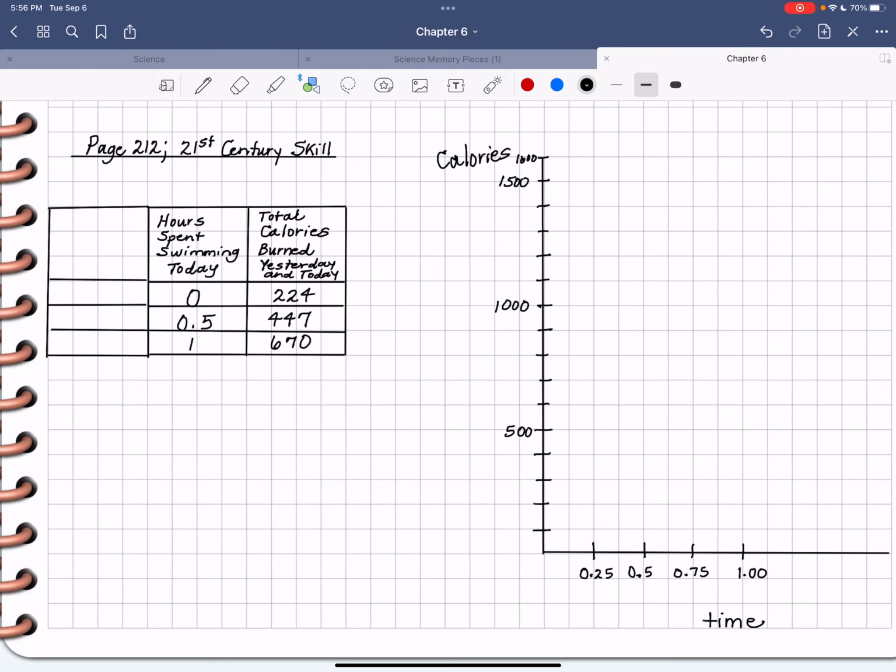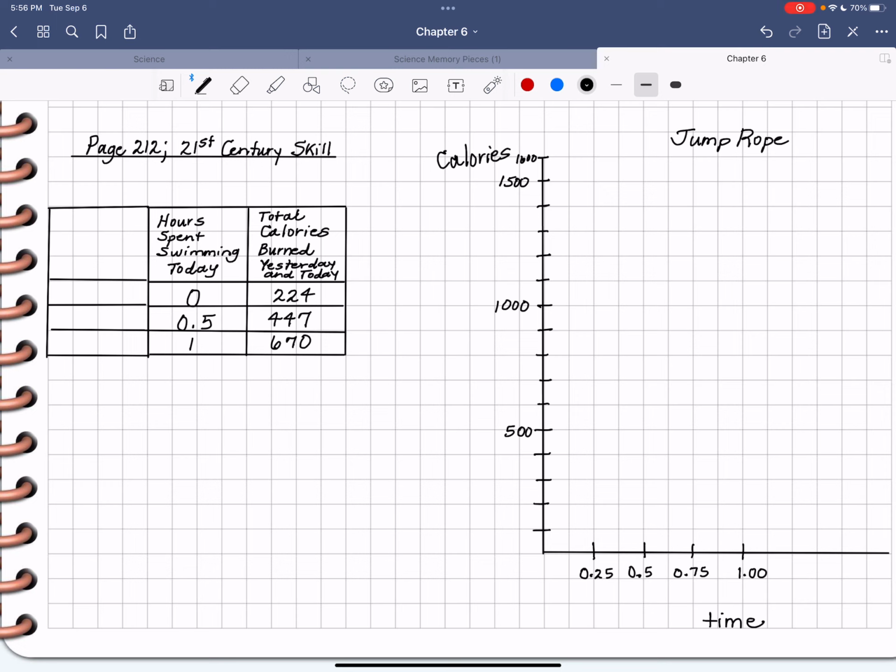The story that goes with this problem. Yesterday, Max spent 1 hour bowling and burned about 224 calories. Today, Max will either swim or jump rope. This is the jump rope, and this one is spent swimming.